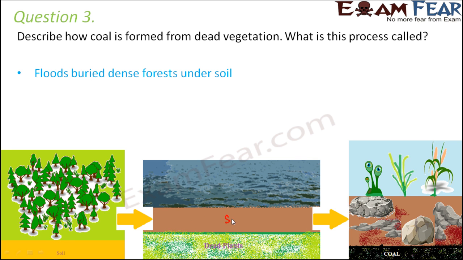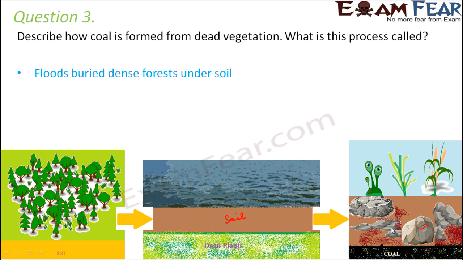So above the dead plants were layer of soil, and over a period of time, when I say period of time, I mean millions and millions of years, what happened was this layer of soil kept on increasing. More and more soil got deposited, rocks got deposited, stones and so many other things got deposited. As a result, the dead plants started experiencing more pressure, they got squeezed, they kept going deeper and deeper. So the temperature also increased as they went deeper.